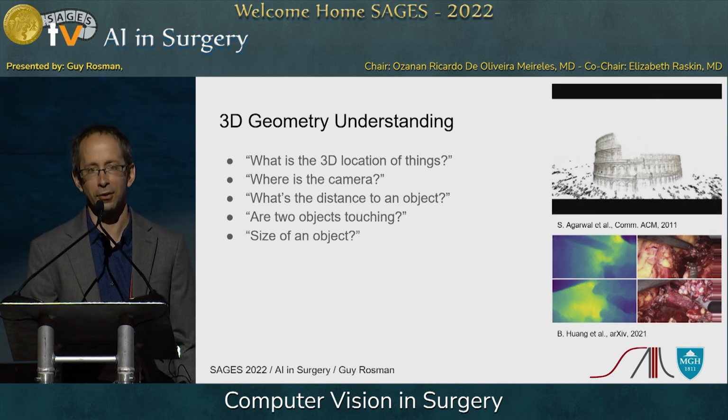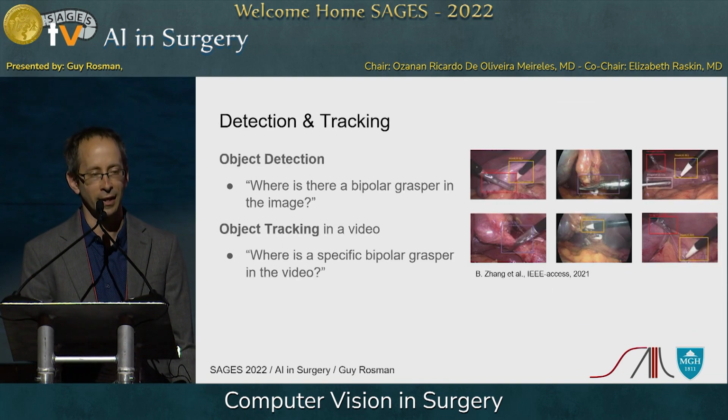The next thing that you can do with computer vision is to infer geometry. So questions such as, what is the 3D location of things? Where is the camera with respect to the scene or the patient? The distances of objects, their sizes, and so forth. These are things that we often want to measure and use for higher-level reasoning in surgery. Next, and related, is detection and tracking.